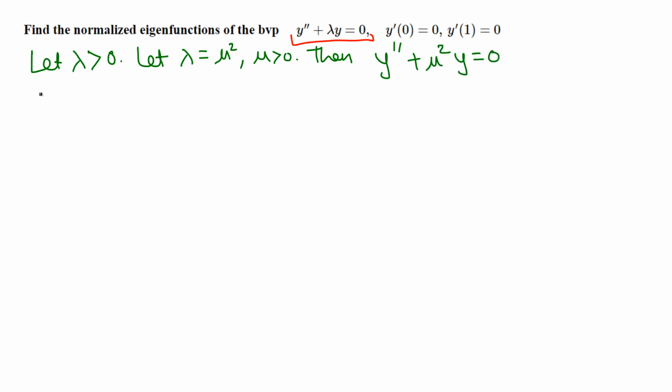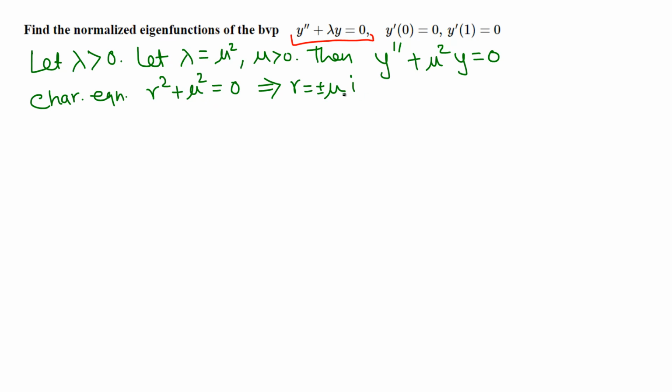And to solve this, we find the characteristic equation, which is r squared plus mu squared equals 0. Then we solve for r, that is, r equals plus or minus mu i.